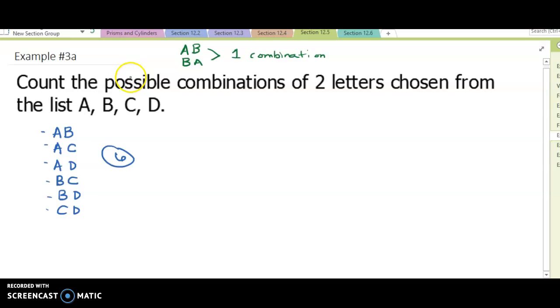Or if we wanted to do it by the formula, I just want to show you that you get the same thing. It would be 4 choose 2, right? There's 4 total letters, and we're choosing 2.